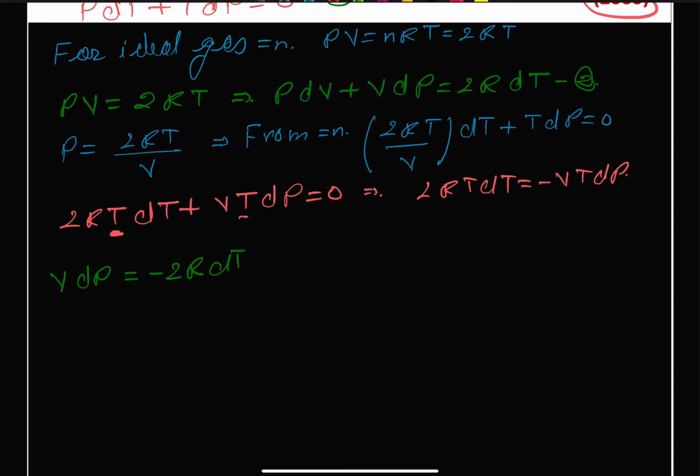Okay. And now we can use our equation number 2 and substitute this in place of V dP. So from equation 2, we can write this as P dV, and this will be coming as minus 2R dT.